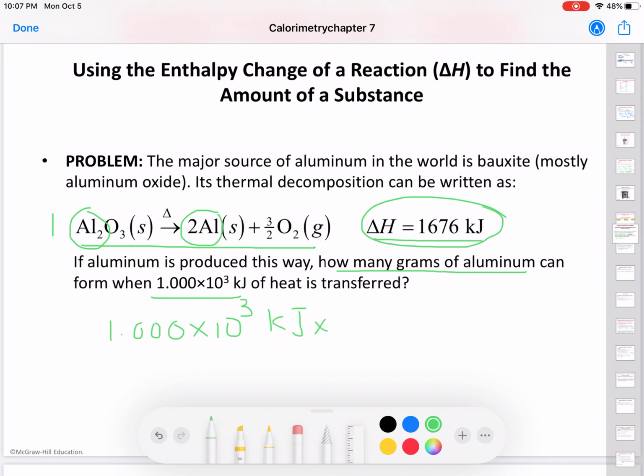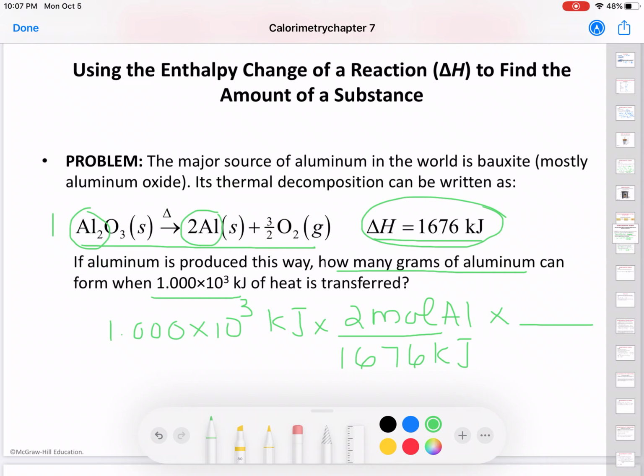Then, just like the conversions we've been doing before, we use the ratio given to us from the balanced equation: 1676 kilojoules absorbed when 2 moles of aluminum are formed. Now it's asking how many grams.